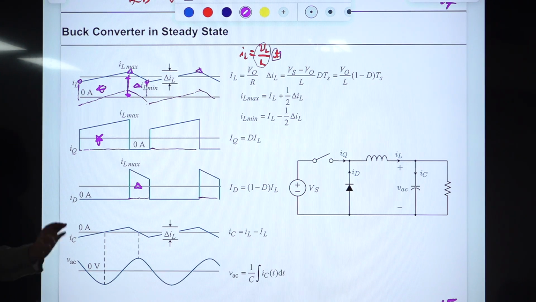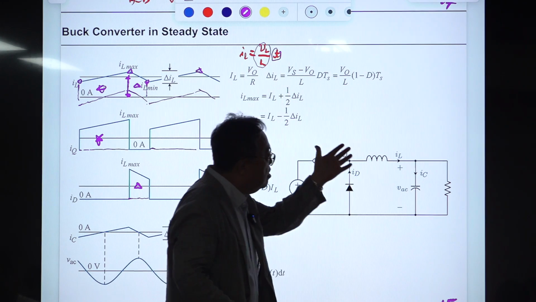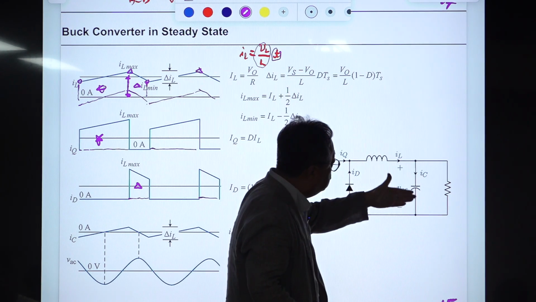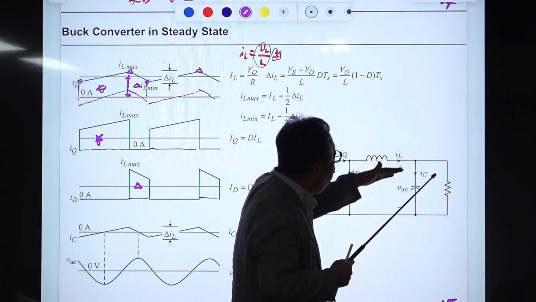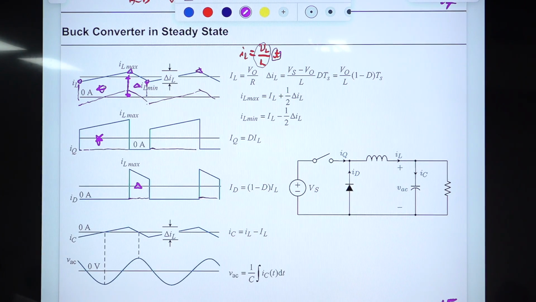So ideally, we assume the entire AC component is passing through this capacitor, and only the DC component is passing through this load resistor. That is another assumption. So this voltage is VO, our output voltage, and this DC current is VO divided by R.